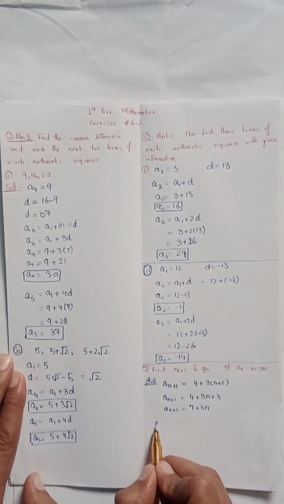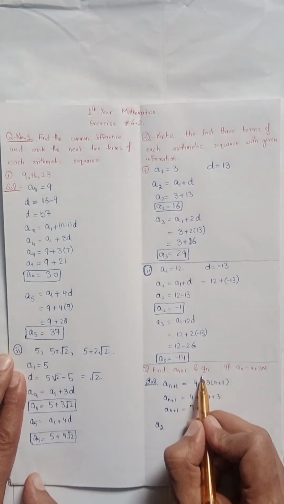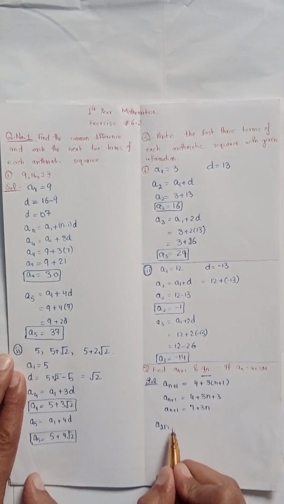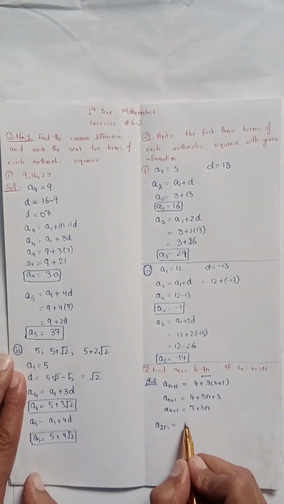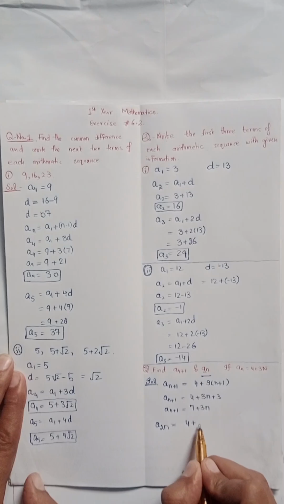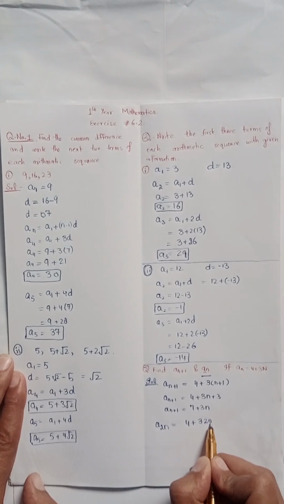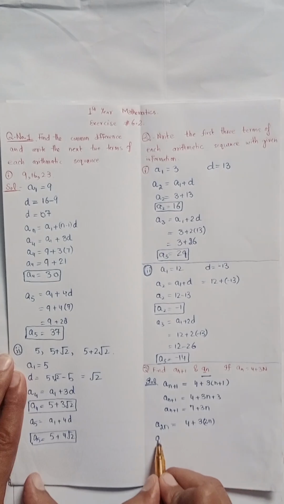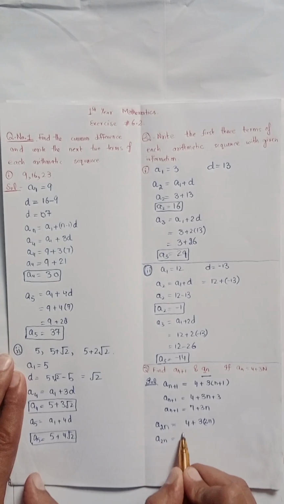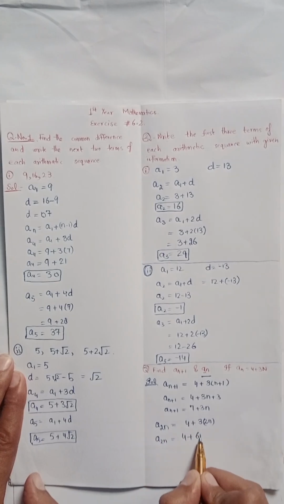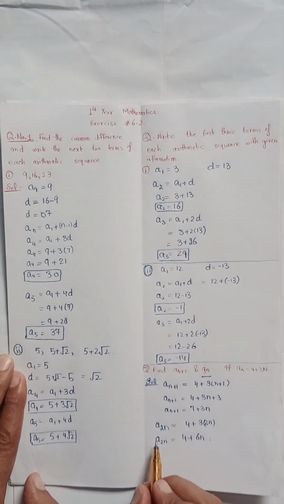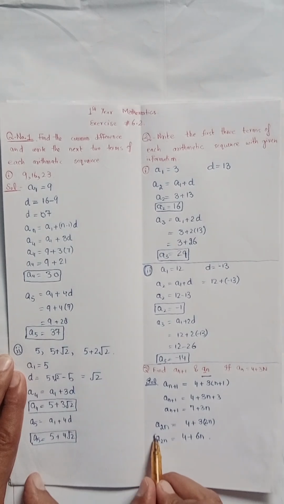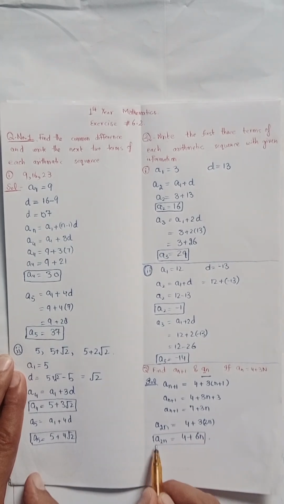And for finding the value of a(2n), we have to put 2n in place of n. We get a(2n) equals 4 plus 6n. This is our required result.